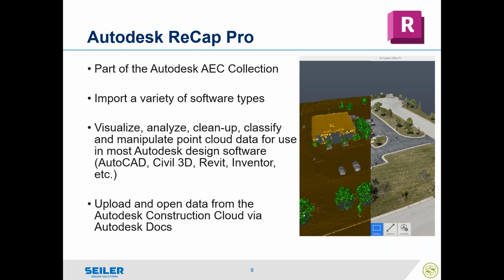It converts it to its own format to be able to use it in the software. We can visualize, analyze, clean up, classify, and manipulate point cloud data for use in most Autodesk design software: Autodesk Civil 3D, Revit, Inventor, Fusion, AutoCAD, MEP, or Architecture. You can also upload and open data from the Autodesk Construction Cloud via Autodesk Docs.